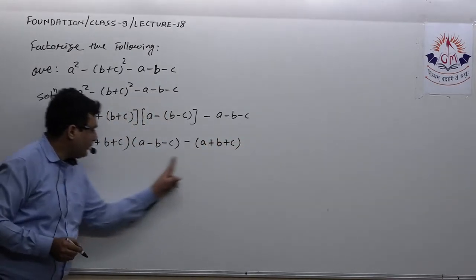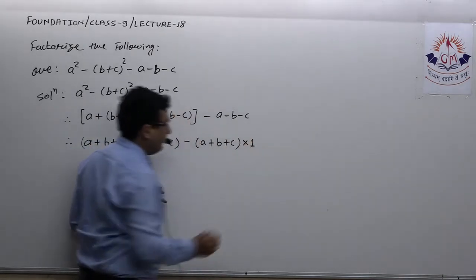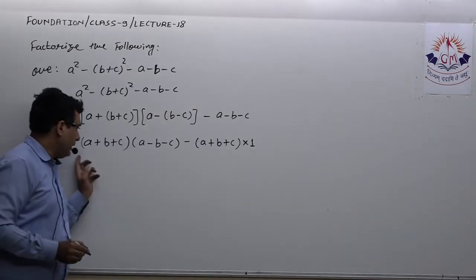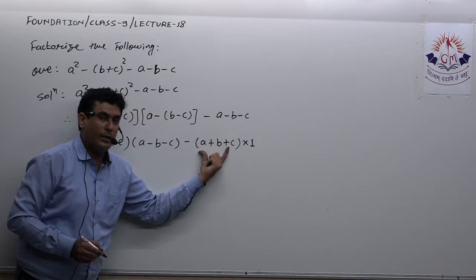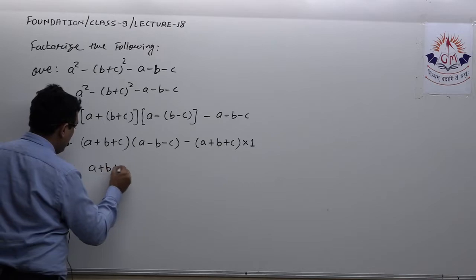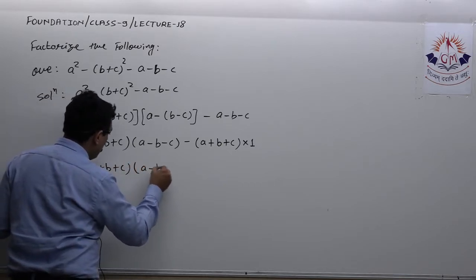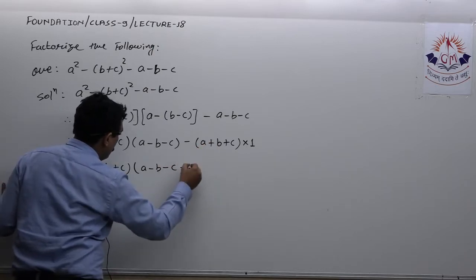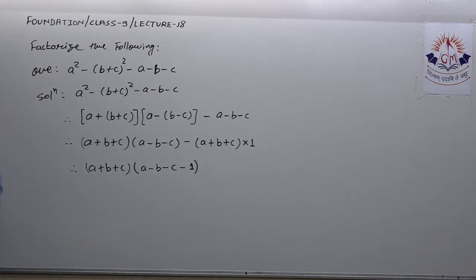Now in this first term and in this second term, let me write multiplied by 1 for your convenience. Now in the first term and the second term, you can see we have common a plus b plus c. So if I take that a plus b plus c common, I will be left with a minus b minus c and minus 1. So these are the factors of the given expression. So please note it down, then we'll see the next question.